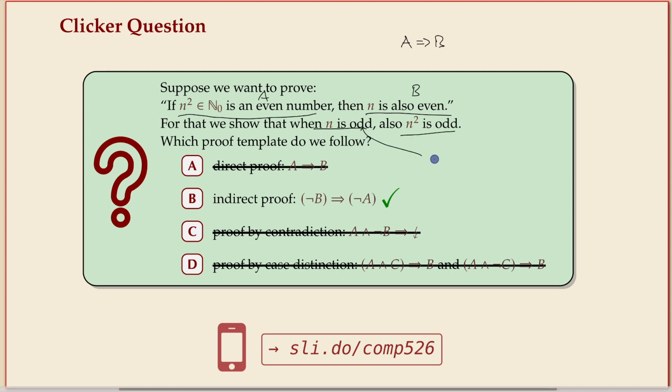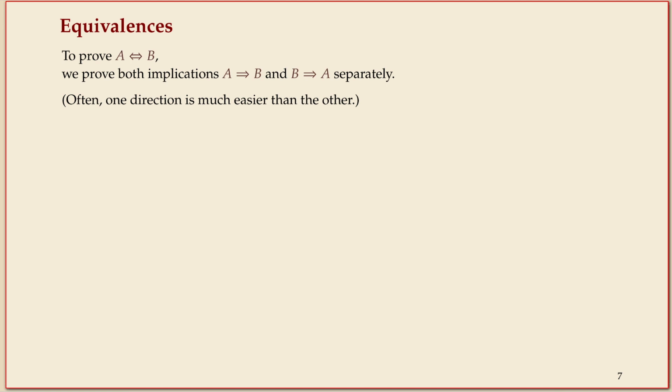And that is not B implies not A, with a slight twist that instead of saying not even, I replaced that with odd in this case. I hope that wasn't a trick question, but we negated the statement. In this case, there are just these two options. All right, so far so basic, right?